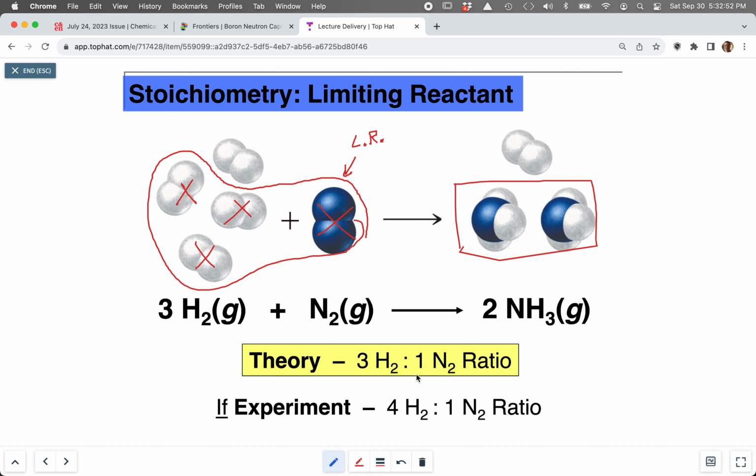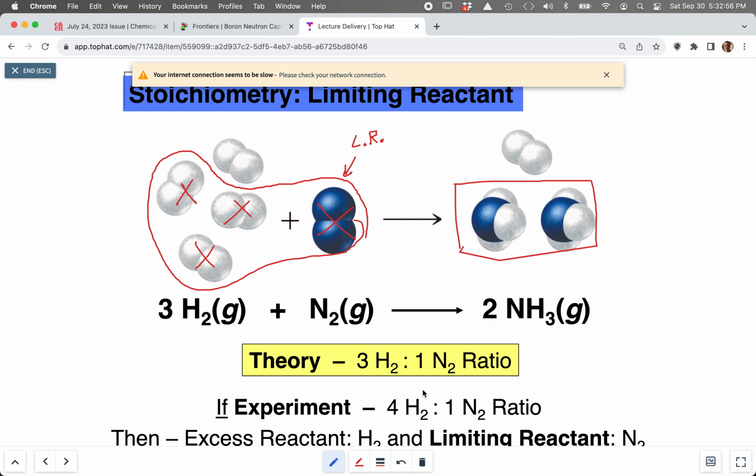You can also do it by comparing the number ratios, which is really what I want you to look at. So this is telling you the following. To consume 1 mole of nitrogen, I need exactly 3 moles of hydrogen. And here, my ratio is this.